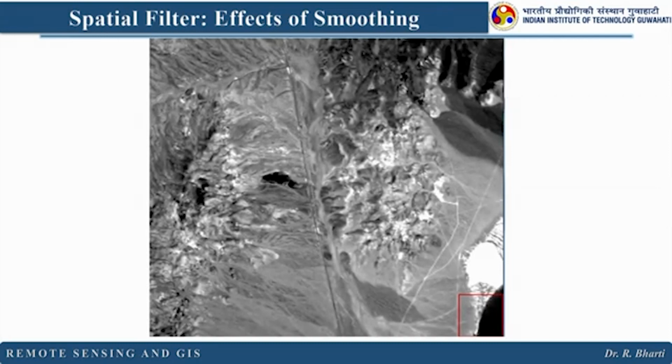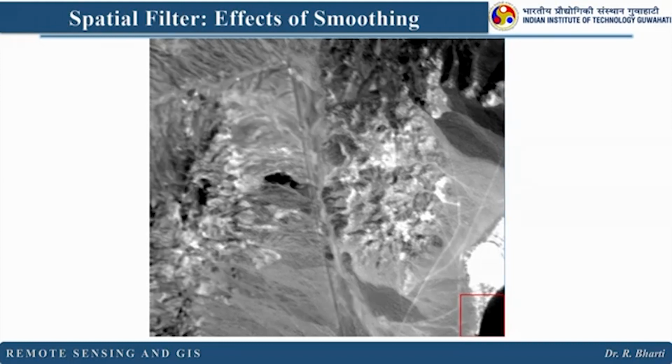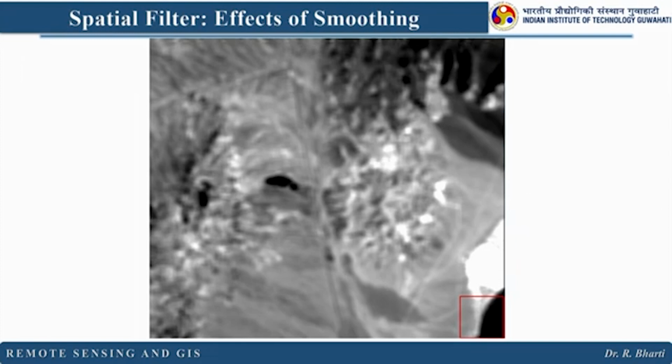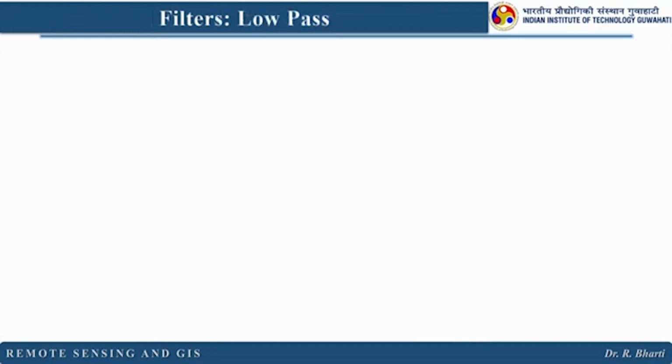Basically we are losing the edges, right? And pixel intensity variations are getting reduced. So when you have very little difference in the pixel values, what will happen? You will have a smoothing effect. This is evident from this particular image.